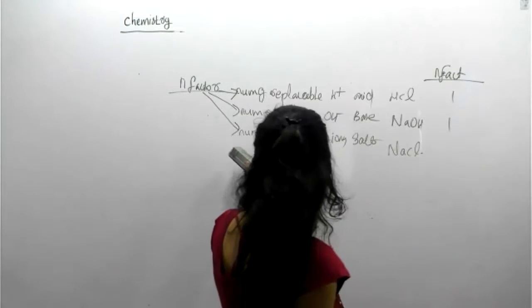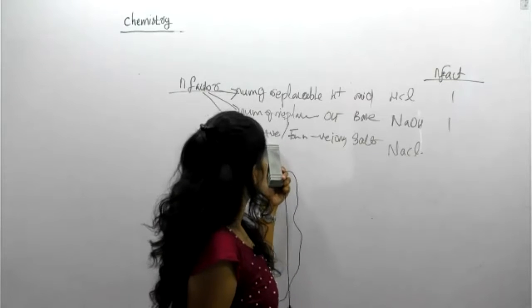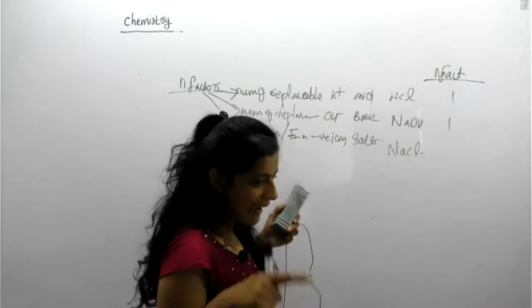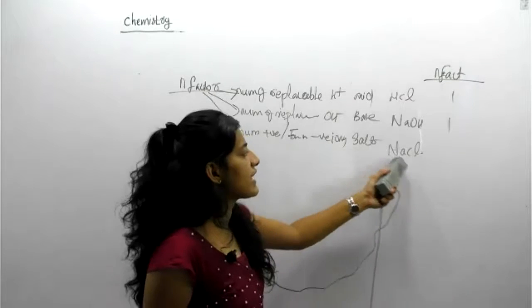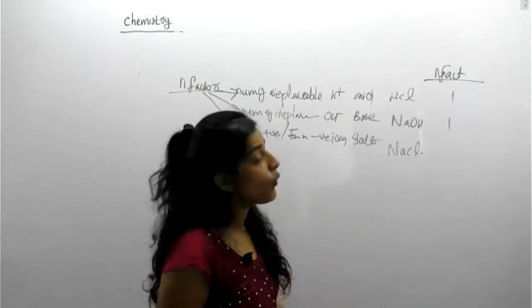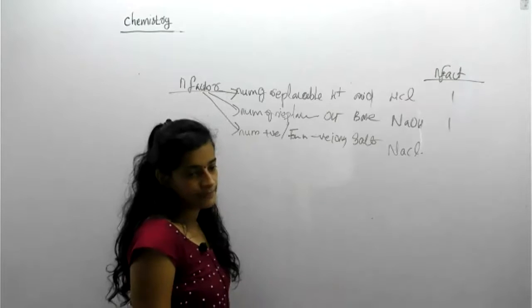Then what about the total number of positive ions or negative ions present in the salt? NaCl is a salt. So what is the n factor of NaCl?